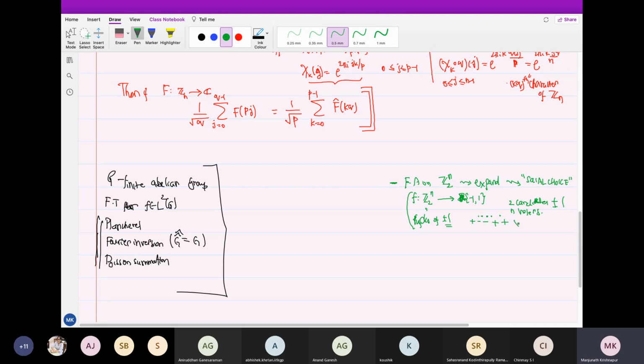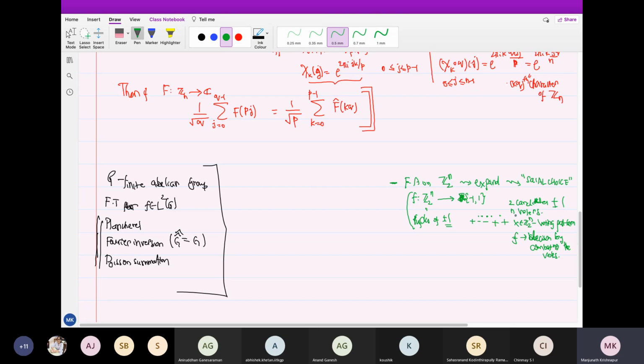So each x in Z2 to the N is a voting pattern. And what is the function f? f takes all the votes and gives 1 or minus 1. This is how you make a decision by combining the votes. Each function gives a decision mechanism for how the votes are combined.